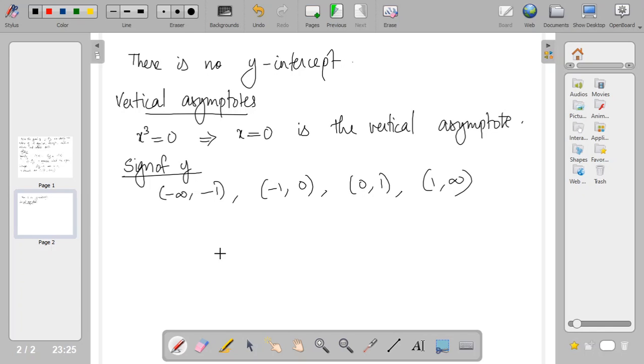So let us look at the sign of y in these intervals.